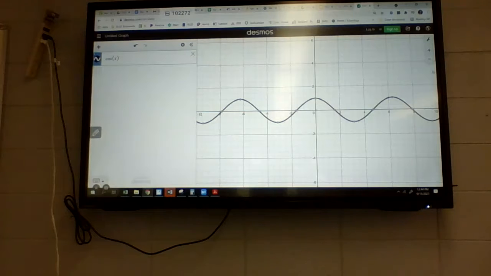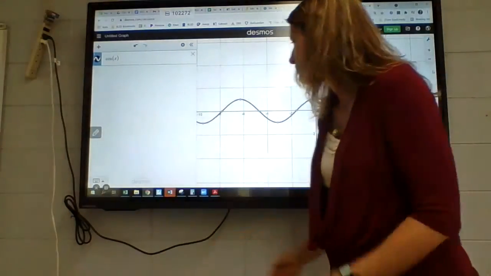No. Is it getting closer and closer to any one value? No. So it's totally possible that we don't have a limit. Something like this, it's always going to go from 1 to -1, 1 to -1. It's not getting any closer to some other number. We say it has no limit.